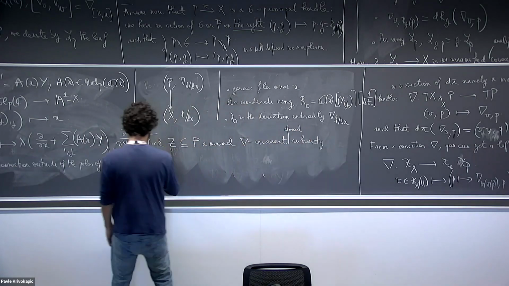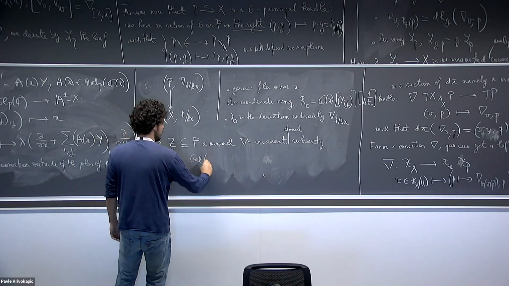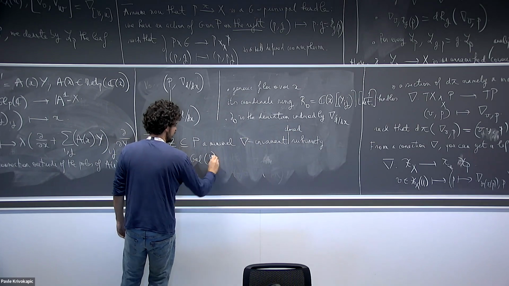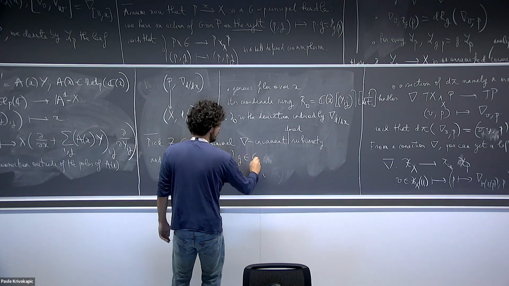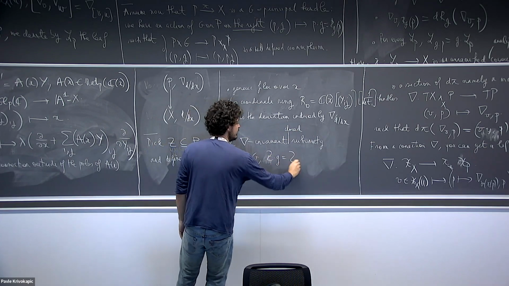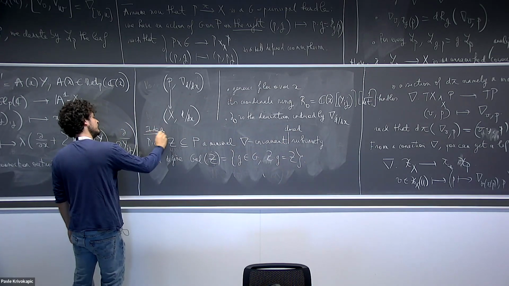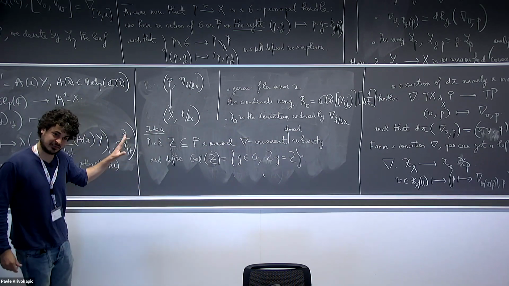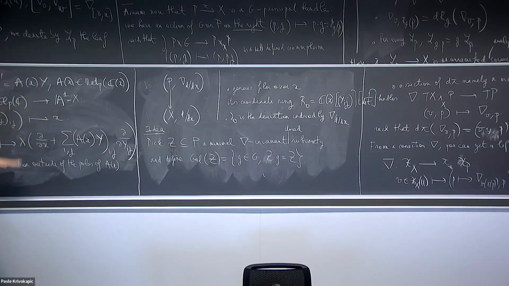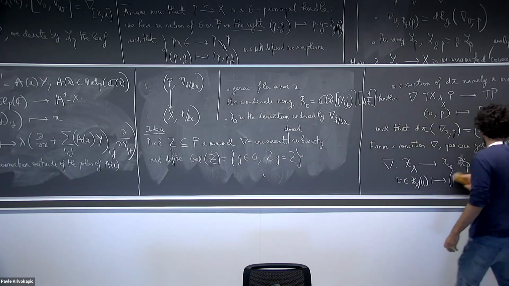And we define Gal of Z as the set of g in G such that Z·g is equal to Z. If I do that, in this example I will recover exactly the classical theory.